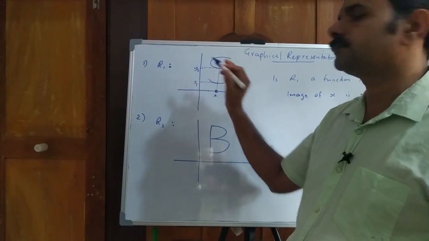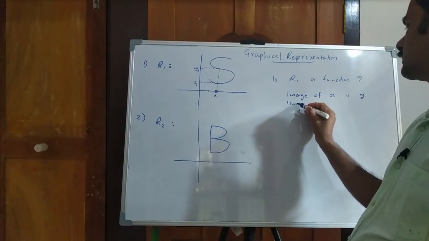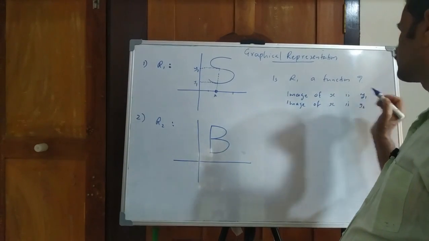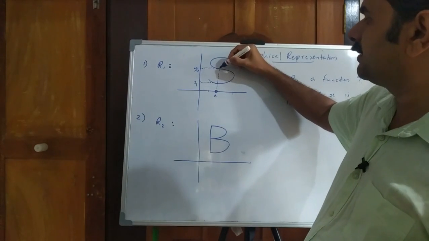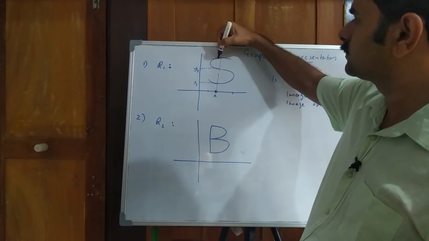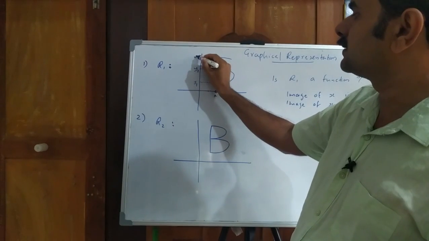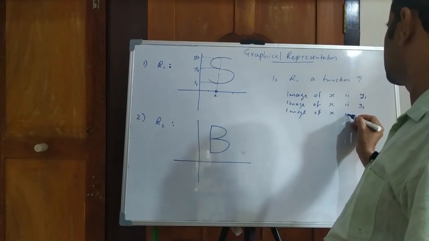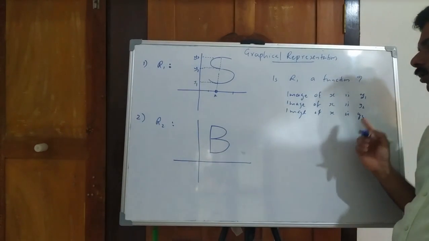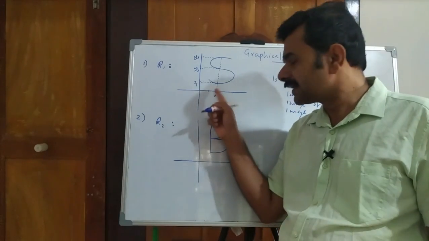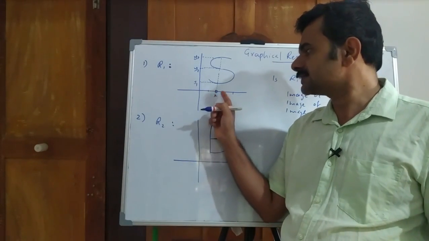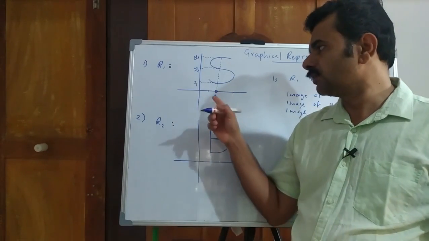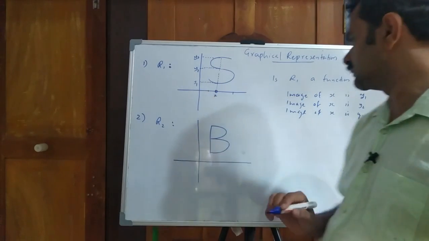It is y2. Then the image of x is y2 also. Then can you see another image? It is y3. Image of x is y3. How many images are there for one x? For this x, there are 3 images, y1, y2, y3. Therefore, R1 is not a function.